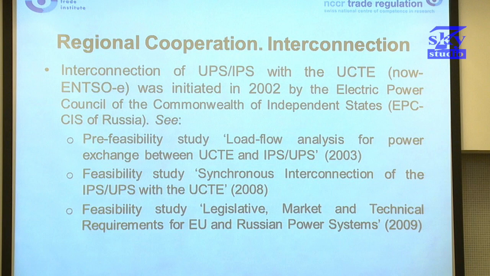So both the European Union and Russia have agreed to this political objective, and in light of that, a number of feasibility studies have been carried out. The first one was prepared in 2003, and the last one in 2009, and all of these studies basically confirm that there are technical possibilities to synchronize the electricity networks of the European Union and of Russia. Next.